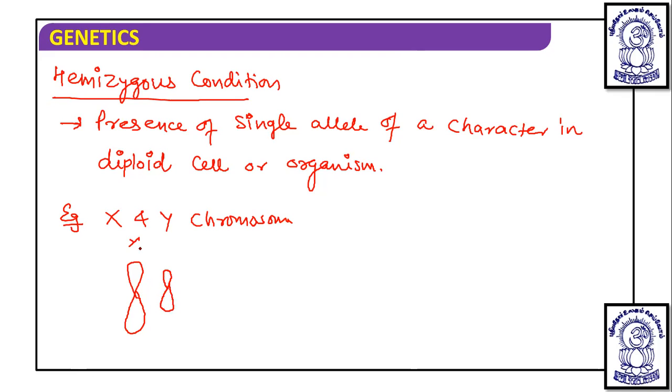Okay, so this is X, this is Y. On X and Y, there is some homologous region, and there is some non-homologous region.